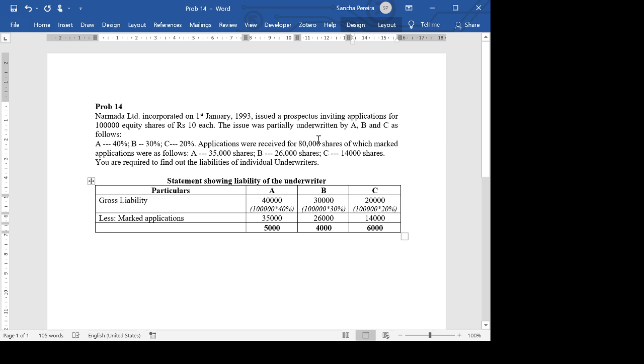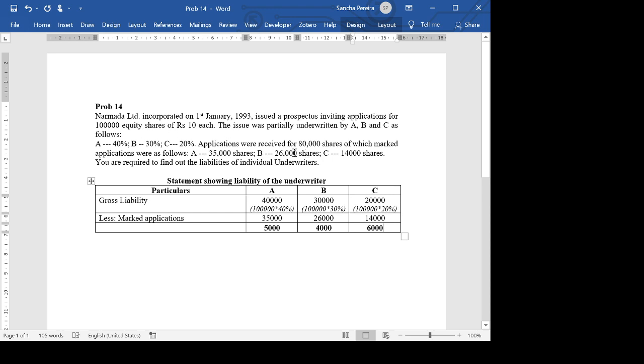The total applications received were 80,000 shares. Out of 80,000, the marked comes to 20 plus 30, 30,000, 40,000, 75,000. So 75,000 were marked. That means 5,000 were unmarked, which are in favor of the company. So out of 10,000 shares, the company has already done 5,000. Remaining 5,000 are yet to be done by the company.